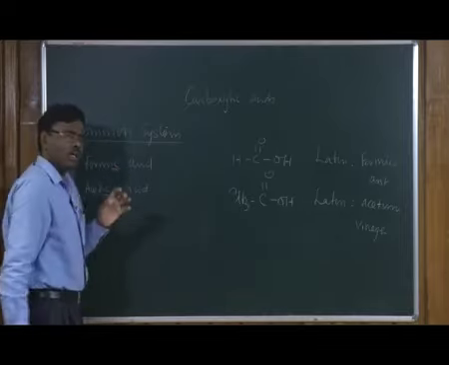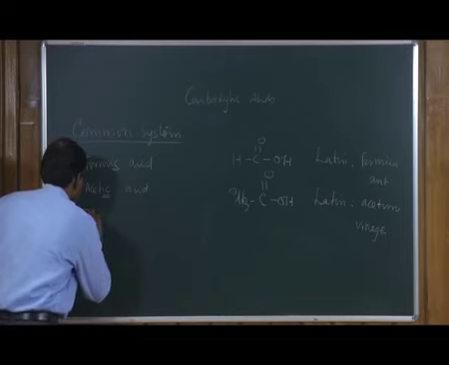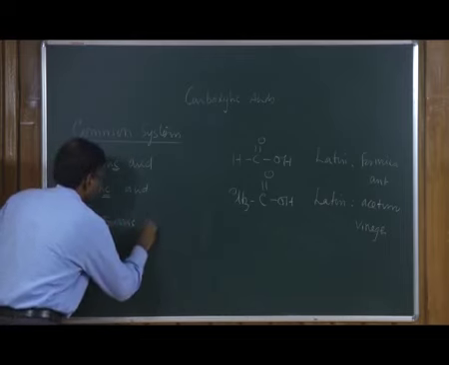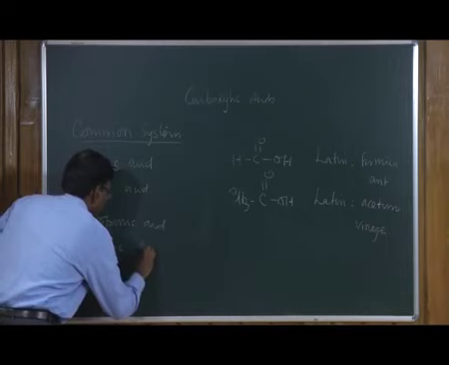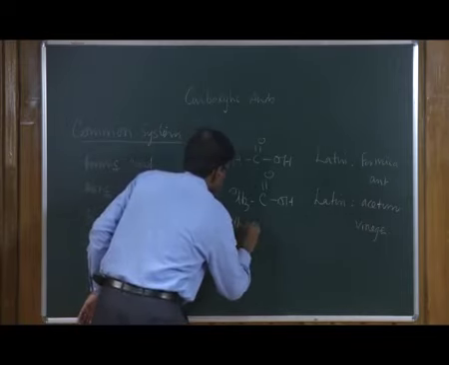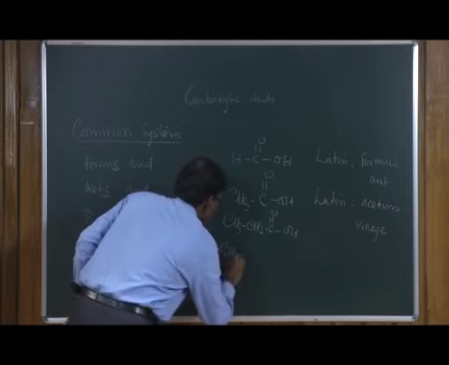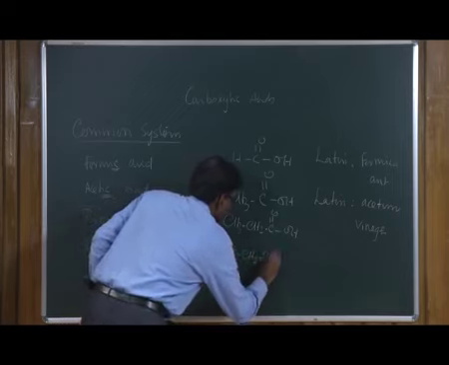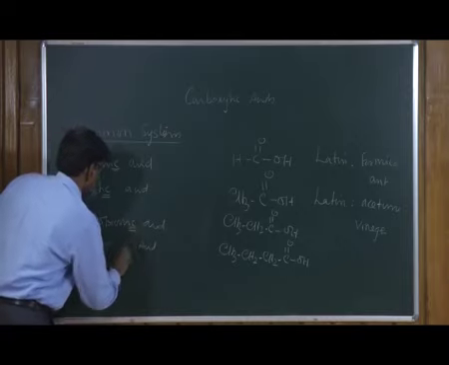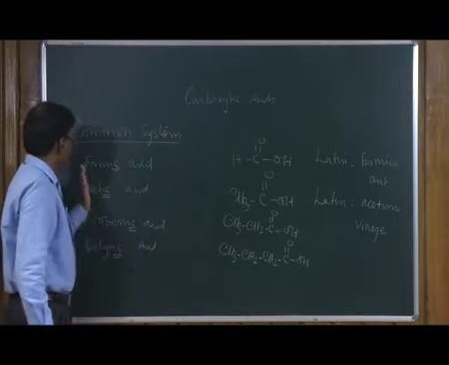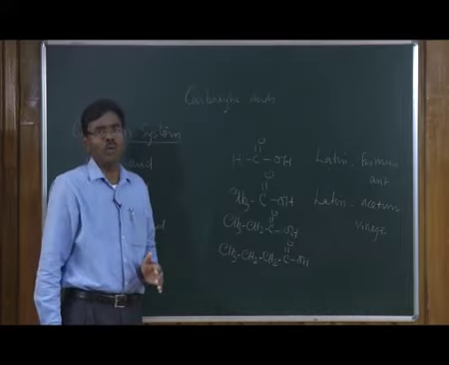All common names end with ic acid: formic acid, acetic acid, propionic acid, and butyric acid. These are examples for monocarboxylic acids.